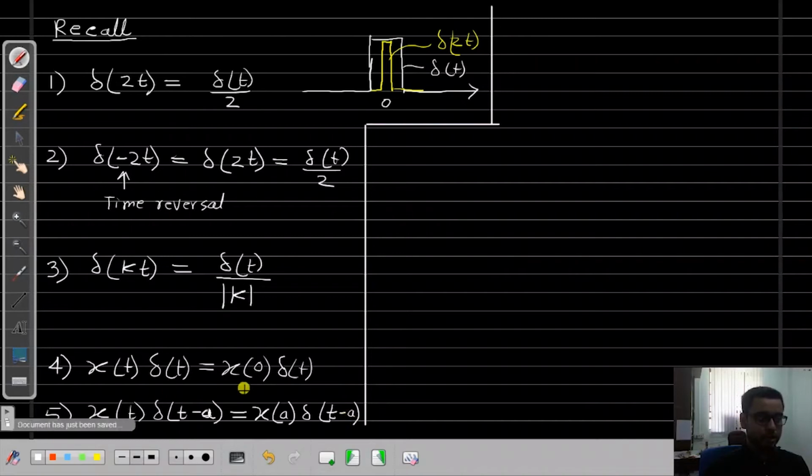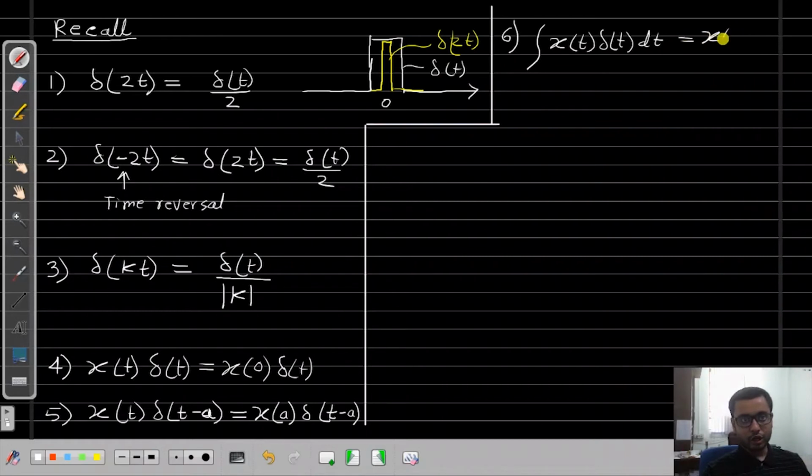From these two properties, I can also write that the integration of x(t) delta(t) dt, if you integrate, will be the same as this term integrated, that is equal to x(0), from minus infinity to plus infinity.